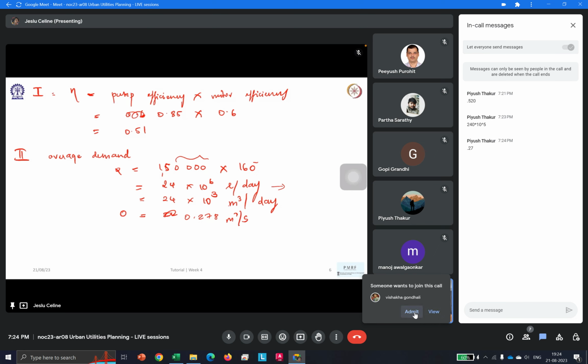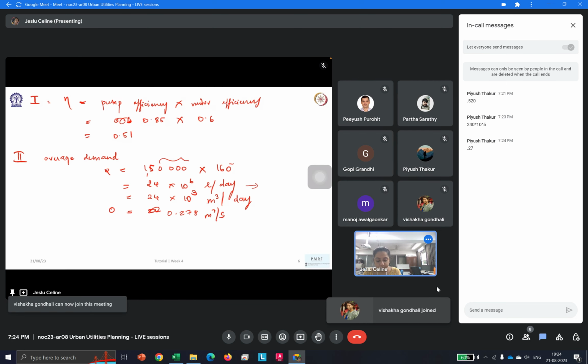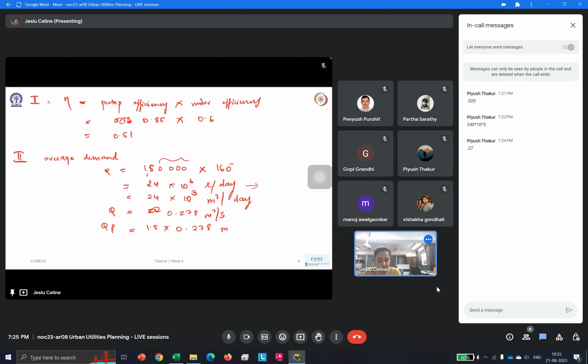Now we also need to find the peak demand. Peak demand is given as 1.5 times this, so 1.5 into 0.278 meter cube per second, which works out to 0.405.